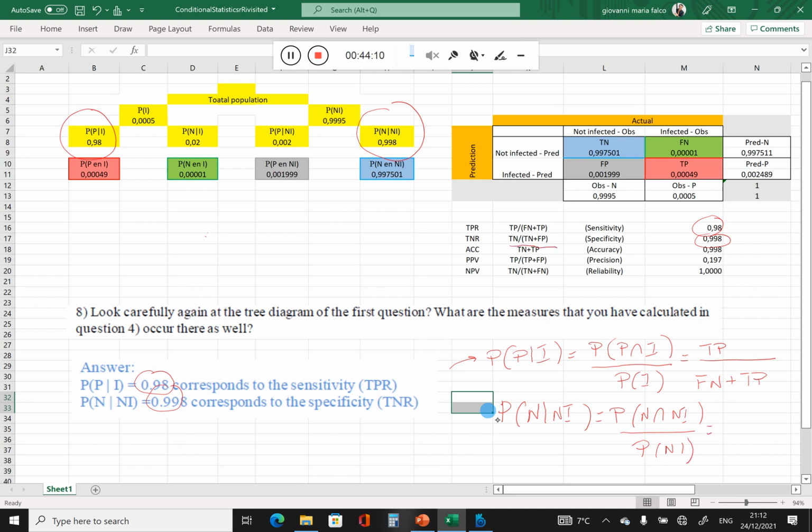And this is just what we have here: the probability to be negative and not infected, the true negatives, divided by the total probability observed negative, so true negatives plus false positives. This is just to remind you that the information was already stored in the tree diagram, but the classification matrix gives a more systematic way to assess the information of, in this case, the diagnostic test.